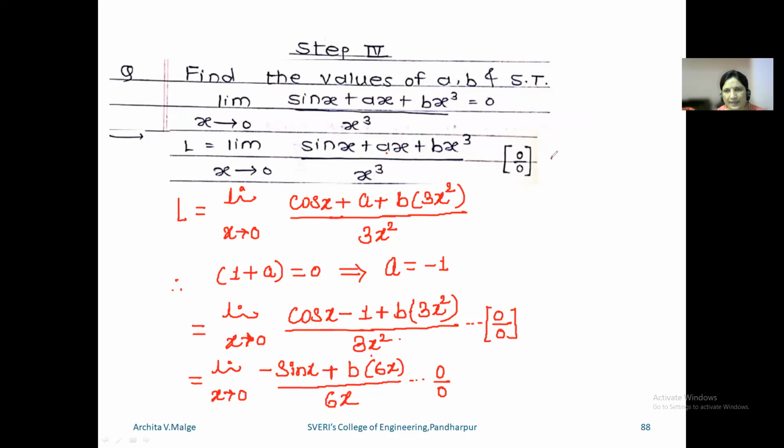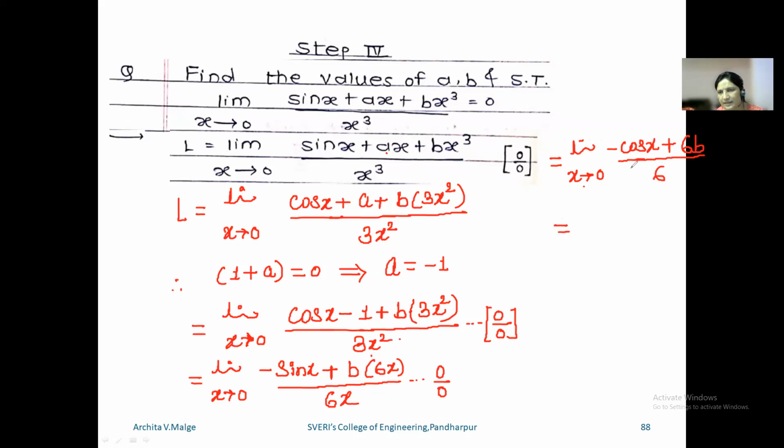Once again, we are applying L'Hospital's rule. So limit as x tends to 0, minus sin x, derivative of minus sin x is minus cos x, plus derivative of 6x, it is 6 into b divided by 6. Now put x equal to 0 in this expression.